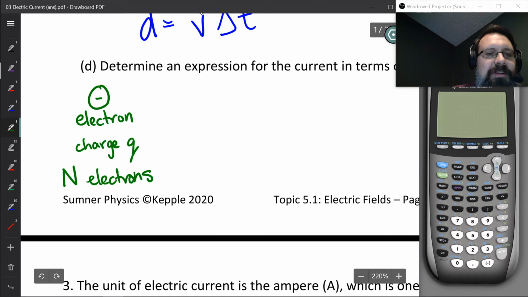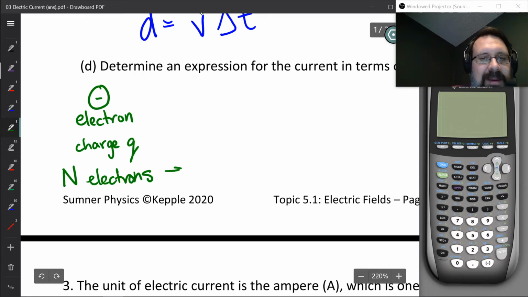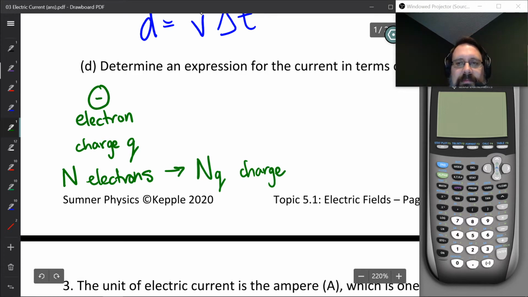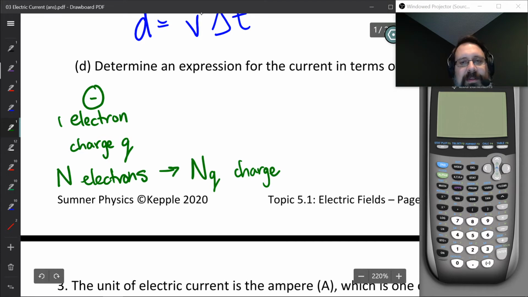So the total charge, if you have n electrons, is going to be n times q. So one electron has charge little q, so n electrons has charge nq.